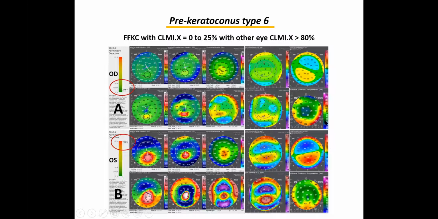We may have some signs here, but still there is a negative here. This is a typical forme fruste keratoconus. It's not subjective. This is an objective measurement of forme fruste keratoconus. And in the bottom, the left cornea with keratoconus. It's clear.